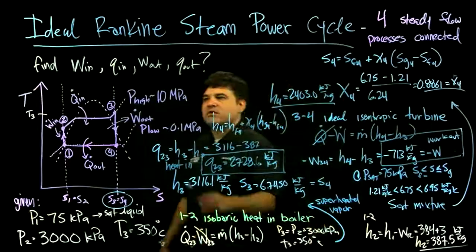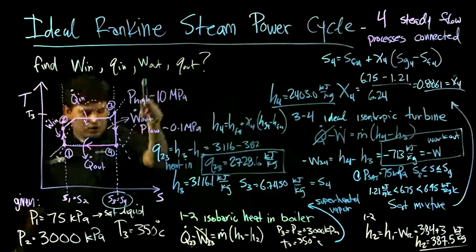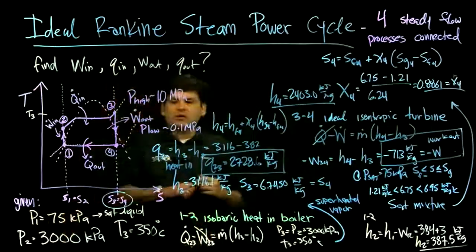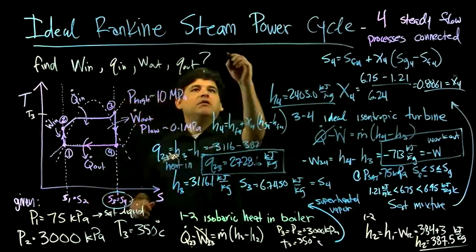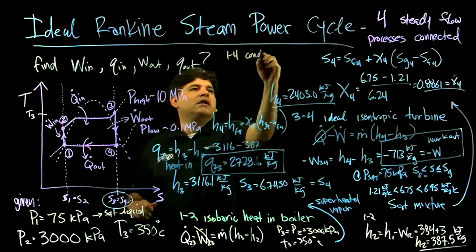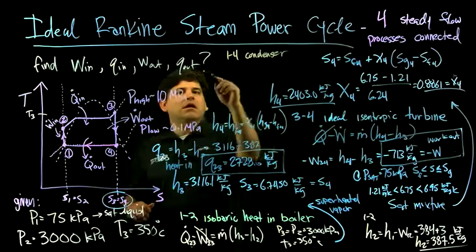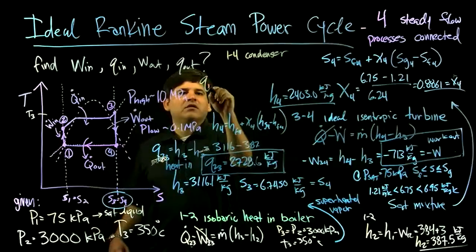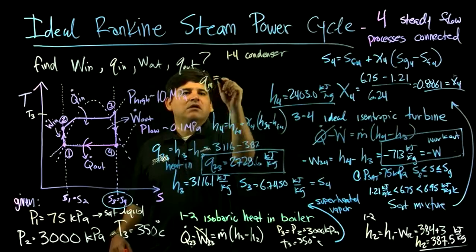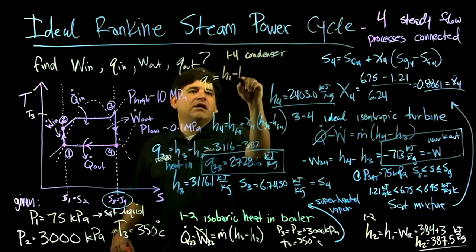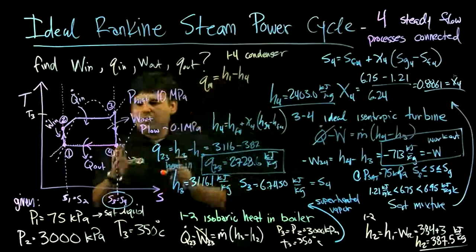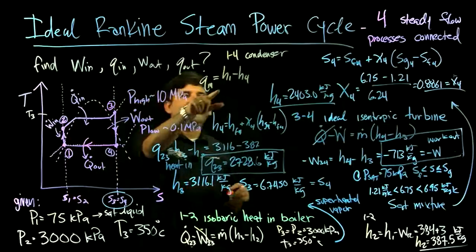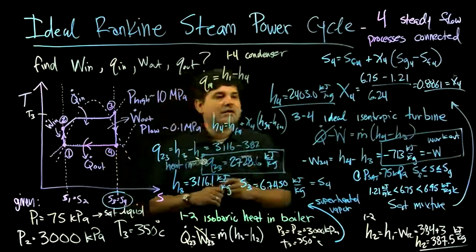All right, so we found the work in, heat in, work out. What is the Q out? Well, we have everything we need. This is called the condenser stage, 1,4 condenser. There's no mechanical work, so it'll be the heat transfer from 4 to 1 equals H1 minus H4, because we're going from the outlet of the turbine, state 4, to the final state, 1, back to the original state, and we have everything.